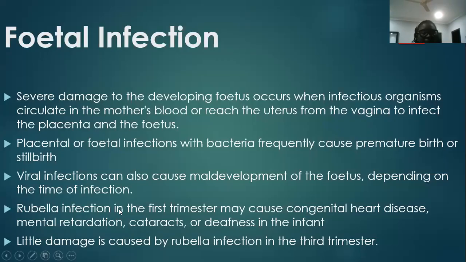So let's look at fetal infection. Fetal infection means that the mother is pregnant and the infection that she has is transmitted to her fetus in utero. Now, fetal infection is time bound, and it also depends on how much of the organism goes in.